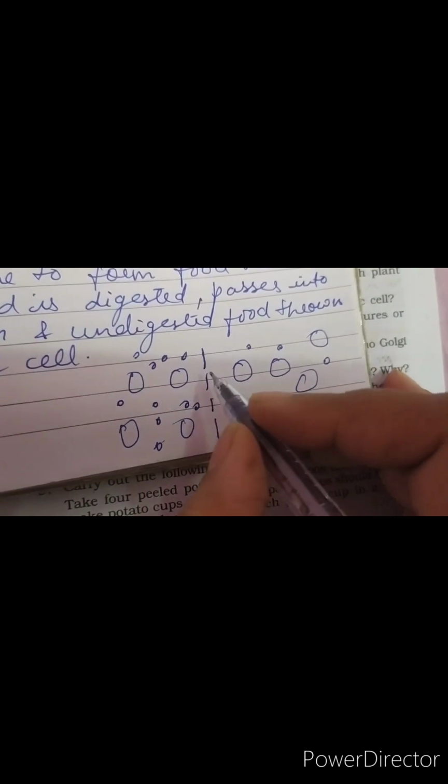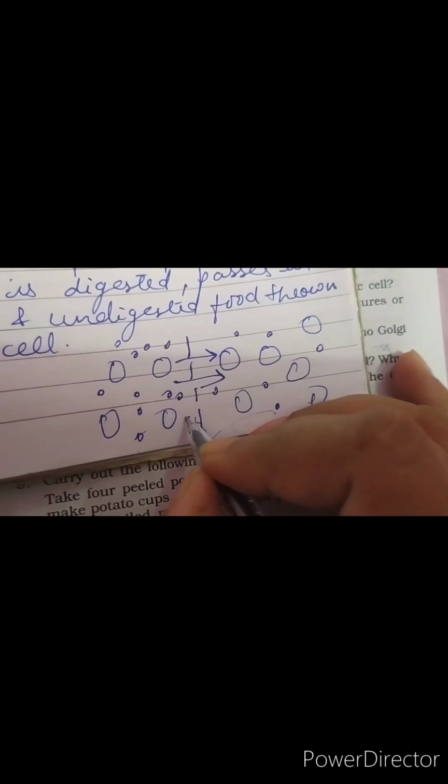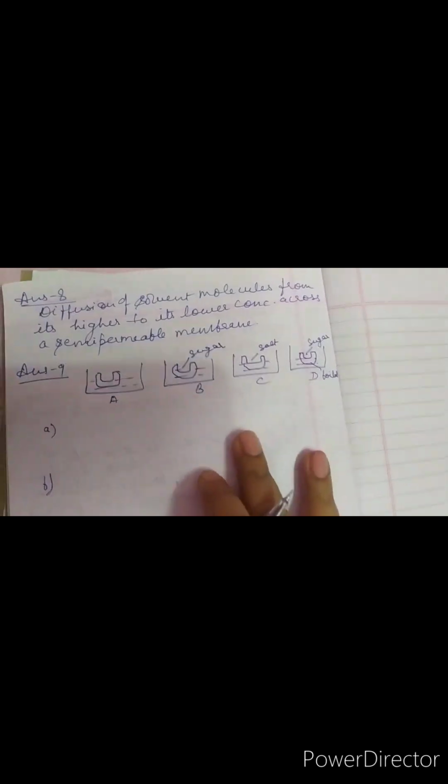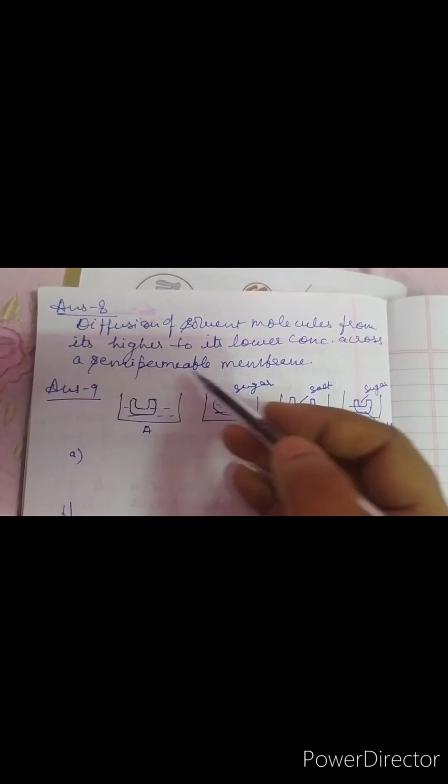Now you can see that here water molecules are more, while here water molecules are less. So the movement of solvent molecules from their higher to lower concentration across the semi-permeable membrane is termed osmosis.